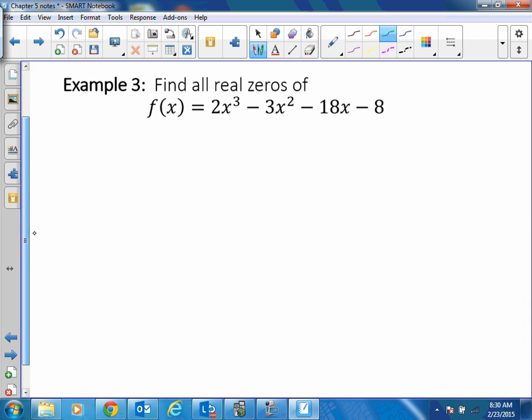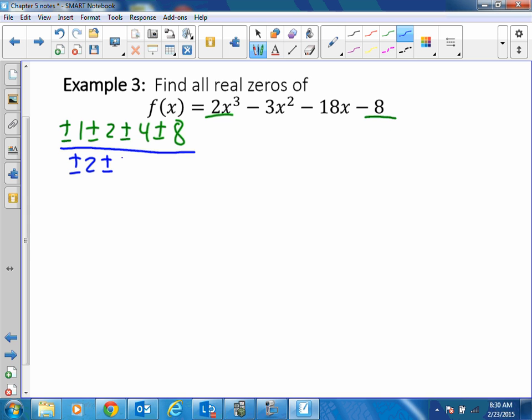Okay? This one, we're going to do the same thing. First, we're going to list all the possible zeros. So we're going to do factors of 8, which would be 1, 2, 4, and 8, and we're going to divide them by the factors of 2, which are 2 and 1.